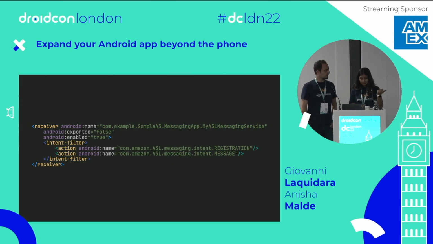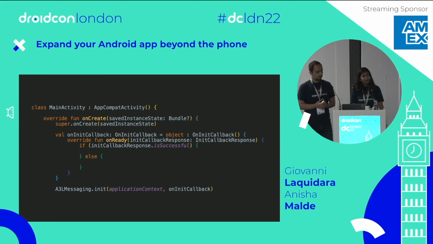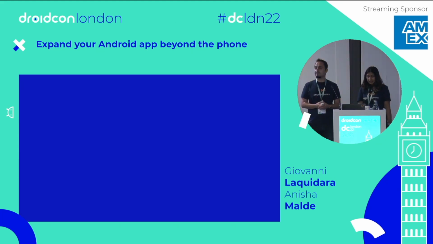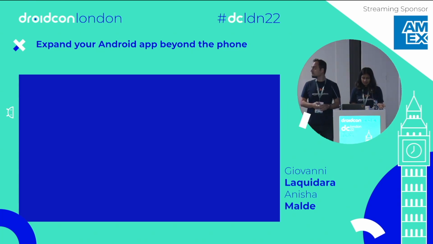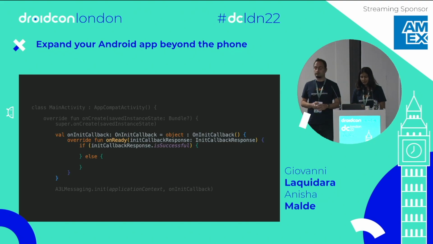This is an example, and MyA3LMessagingService is just a placeholder, so you can have your own implementation of your class if needed. Finally, in the onCreate method, you initialize the A3L messaging, and in the onReady, you can retrieve the device ID we saw earlier. This is important for testing, because you need a device ID where you installed your app.